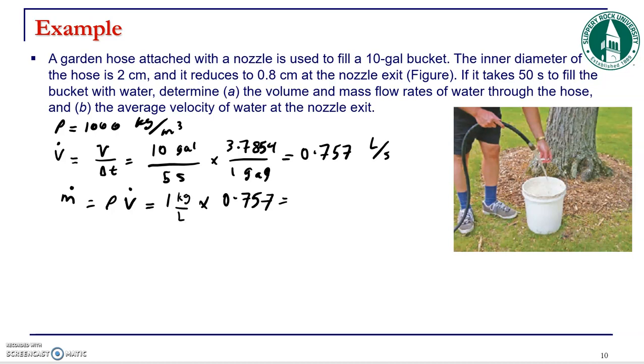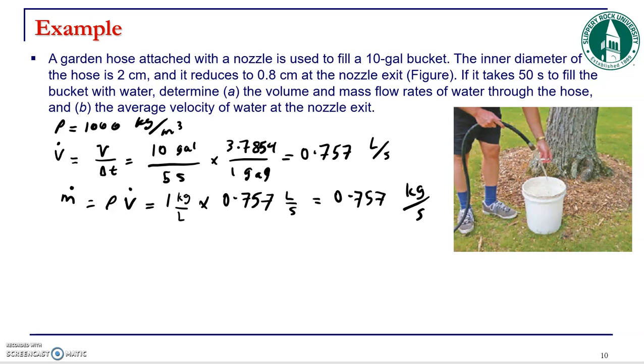That's the density of the water. And the unit of 0.757 is liter per second. So it's 0.757 kilogram per second. So that's the first part of this problem. Pretty straightforward. We just need to calculate the volume and mass flow rate.